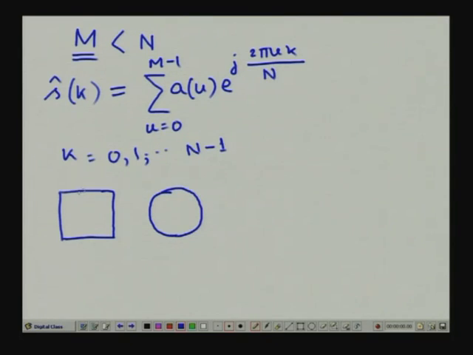So, I will get back the original shape if I consider all the capital N number of DFT coefficients for reconstructing the boundary by inverse discrete Fourier transformation. If I consider very few discrete Fourier coefficients, say 2, then I will get a circular shape. If I increase it further, maybe say 10 or so, I will get a shape something like this.